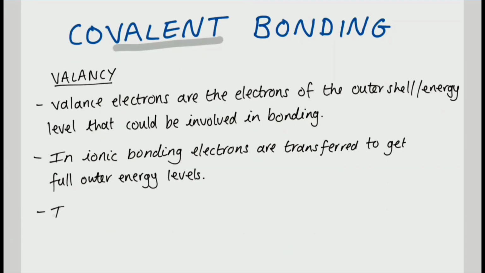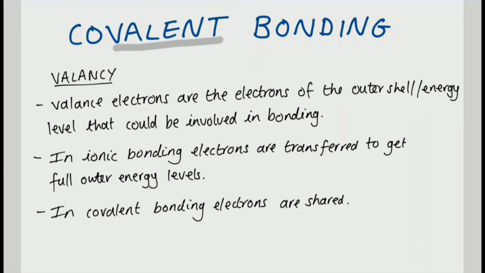However, in covalent bonding, electrons aren't transferred, they are shared. Now let's take the simplest example, hydrogen. It has atomic number 1 and it's in period 1.